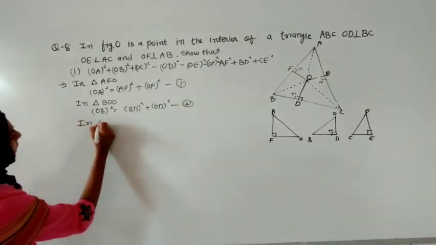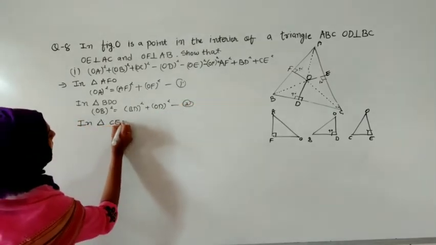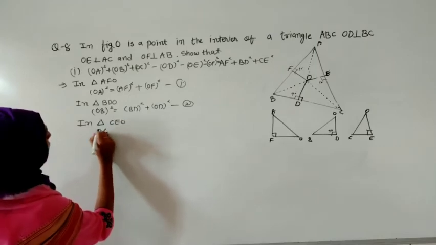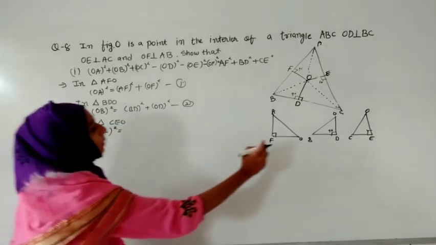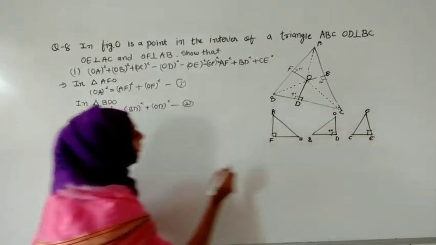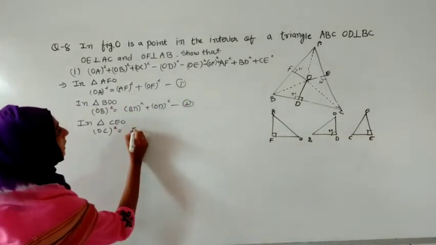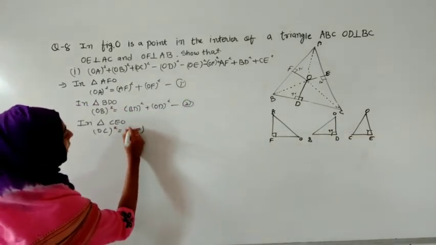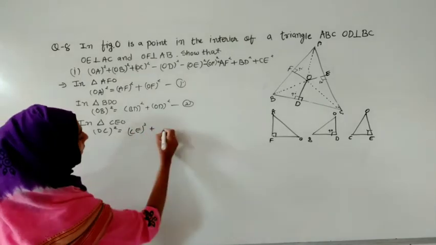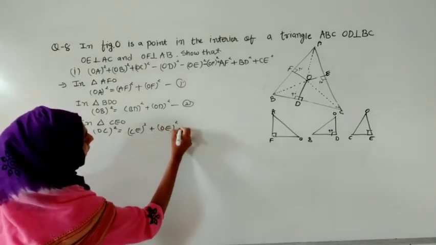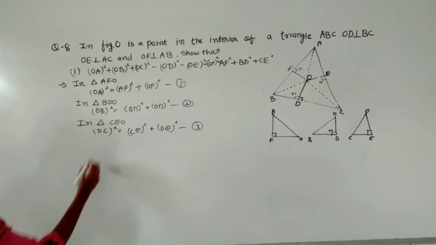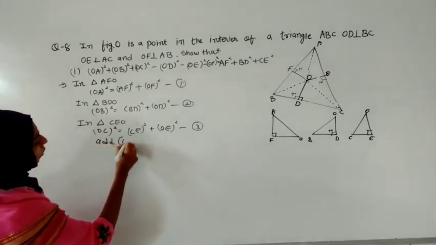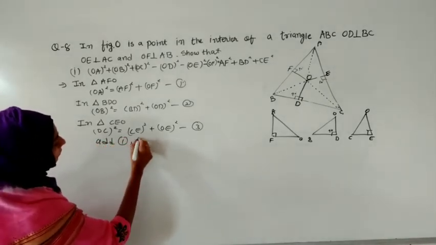And in the third one, in triangle CEO, OC square is the hypotenuse and E is 90, so it will look like CE square plus OE square, and that is condition number 3. Now add all these, 1, 2 and 3.